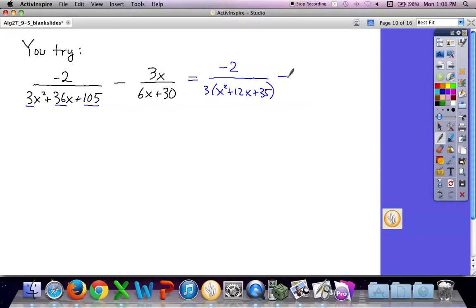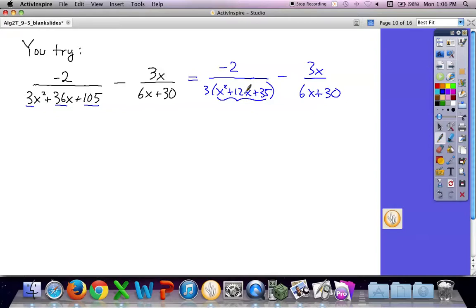And I'm just going to take a step here, so I'm going to rewrite this as it is, even though I could factor it. 3x, 6x plus 30. Okay, now what's in the parentheses here is the simple quadratic, because the coefficient of x squared is 1. So it's an easier factoring problem. What two numbers, the product is 35 and the sum is 12? 5 and 7.